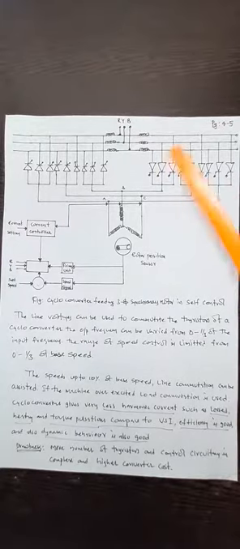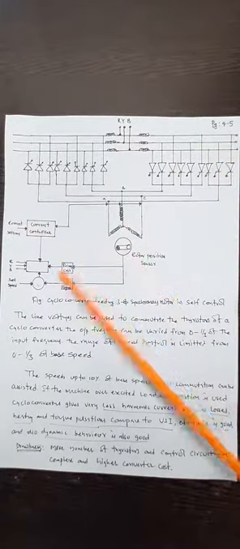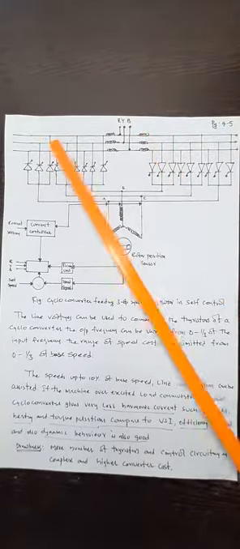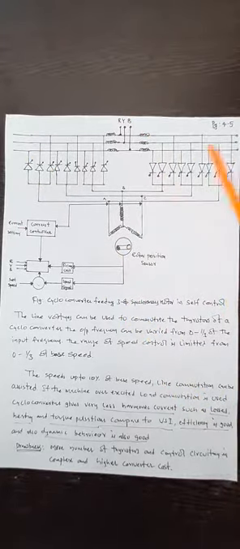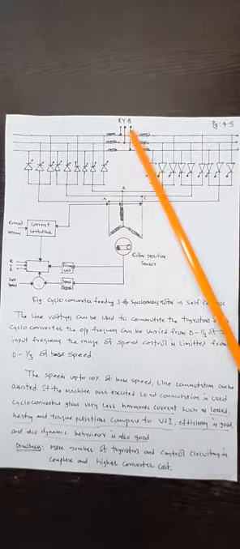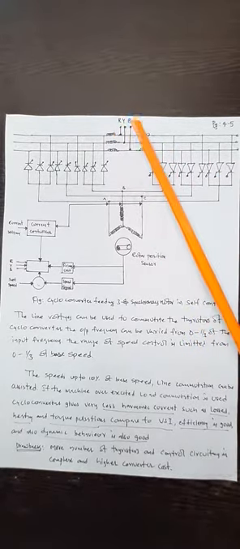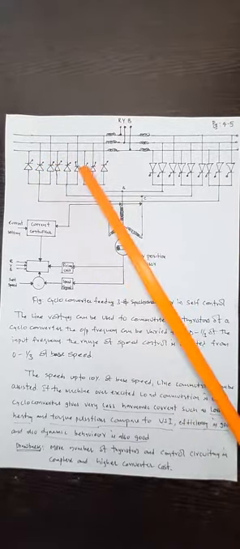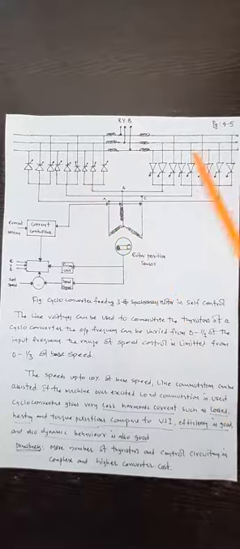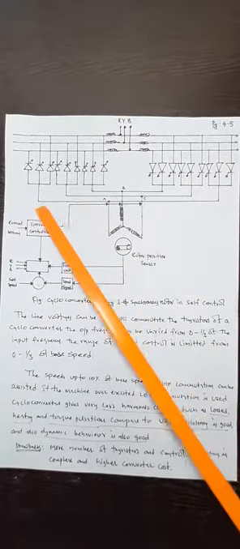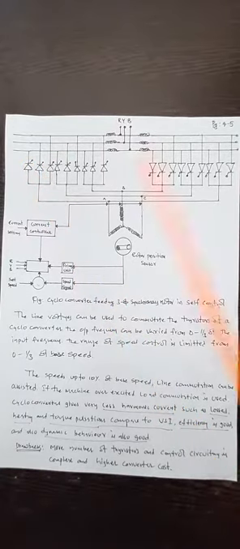This is the detailed circuit diagram of the cycloconverter. See, a three-phase AC supply, RYB, three phases. Here this is one leg, another leg, another three legs. There are two legs to be connected: the first leg as well as the last leg.